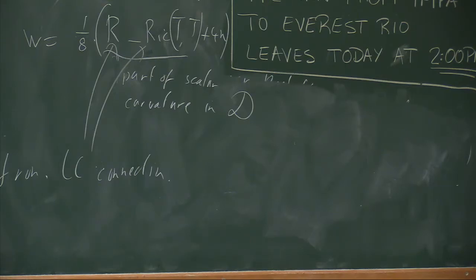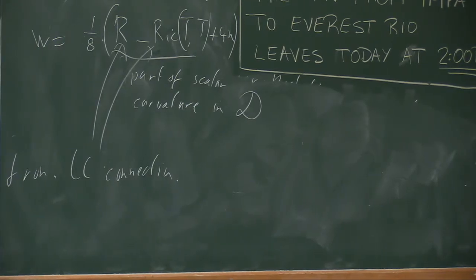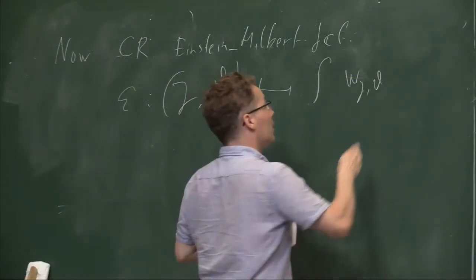Okay, and this is the scalar curvature we need to get an analog of the Einstein-Hilbert functional. So now we just take a complex structure and a contact form, and we send it to this Webster curvature, and it depends, of course, on the J and the contact form.